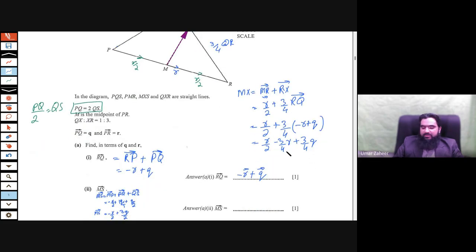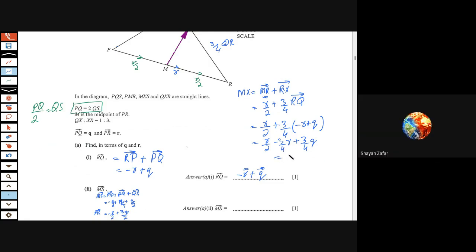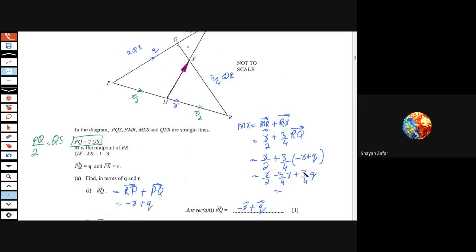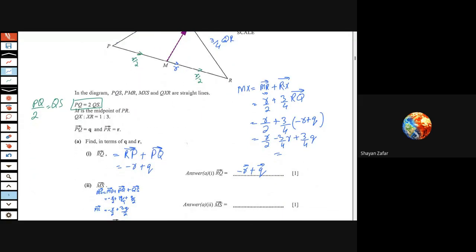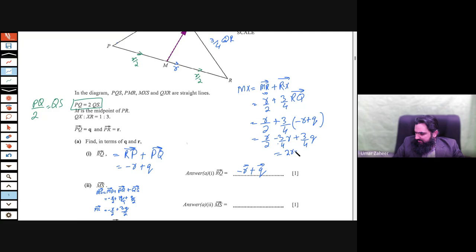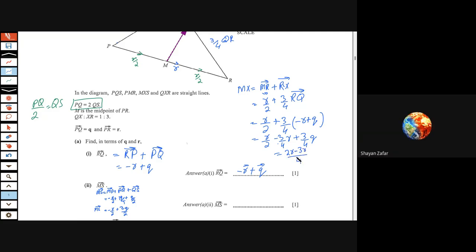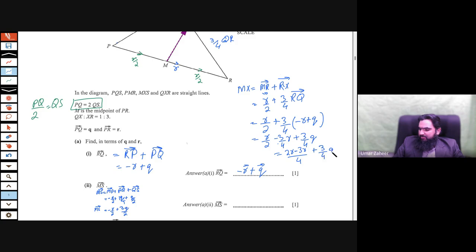R over 2 minus 3 over 4R, that will be 2R minus 3R divided by 4, so it will be minus R divided by 4, plus 3 by 4Q.